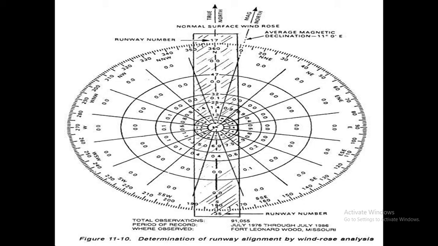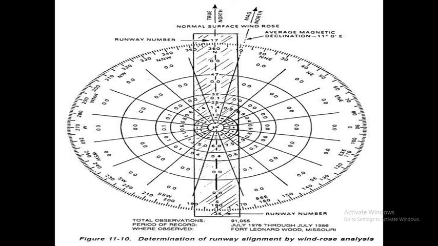Second step, place the transparent paper strip over the Windrose diagram in such a way that the center line passes through the center of the diagram. With the center of Windrose, rotate the tracing paper and place it in such a position that the sum of all the values indicating the duration of wind within the outer parallel lines is the maximum.